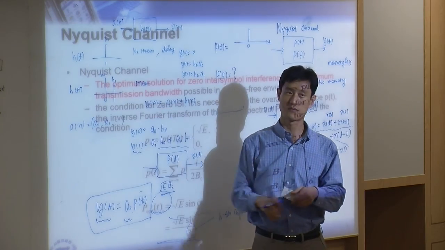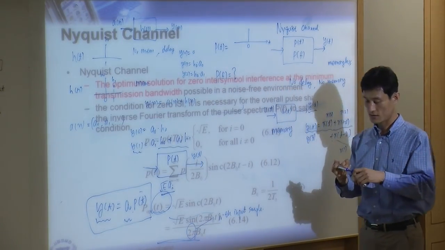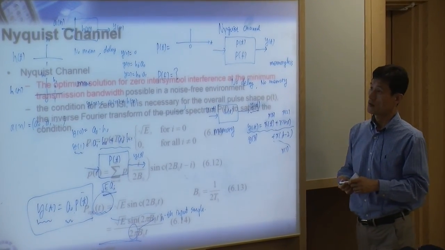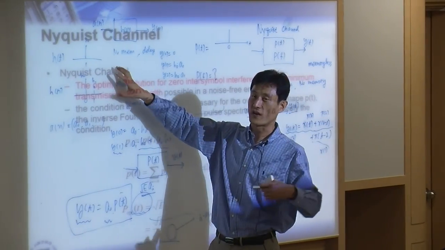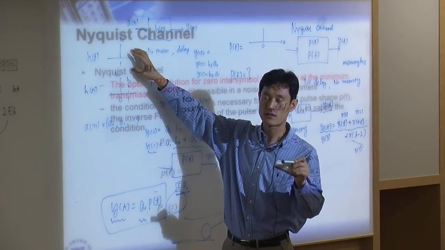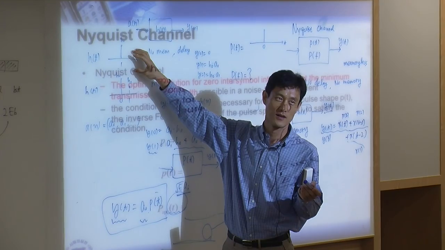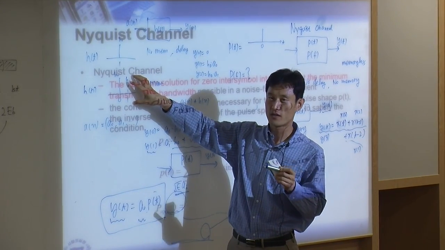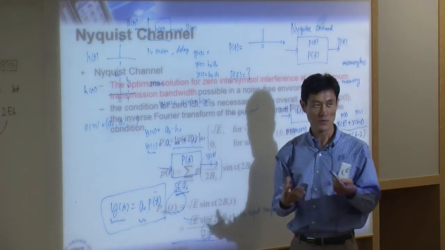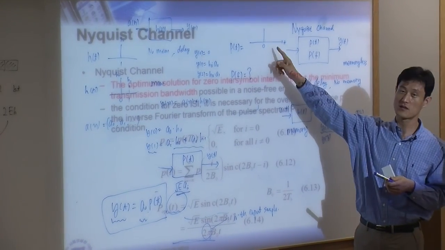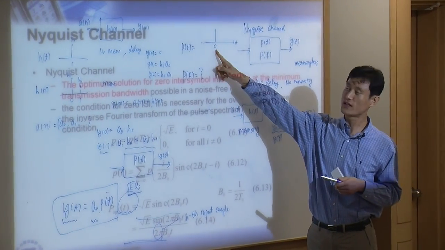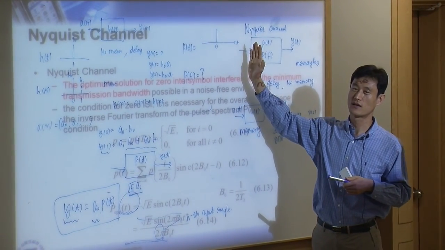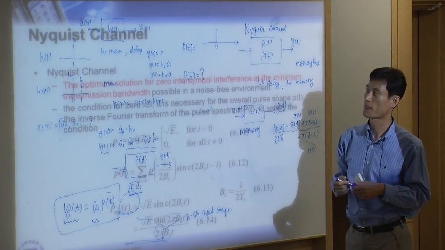In this other case, you have a memory. Again, these two are not perfect, because in one there's a delay and in the other you have a memory. So what is a perfect impulse response? No delay, no memory. That's a perfect impulse response.